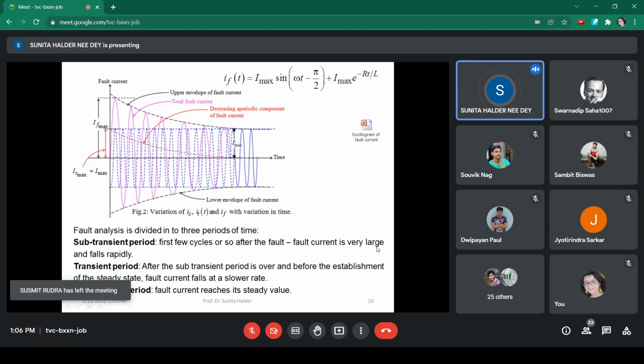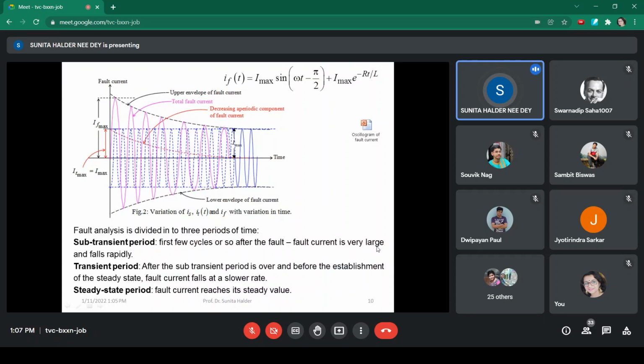One is subtransient, where the current is very high but decreasing fast. The second is the transient period, when the transient current is still there but decreasing at a slower rate. And in the steady state period, there is no transient current, only the steady state fault current.